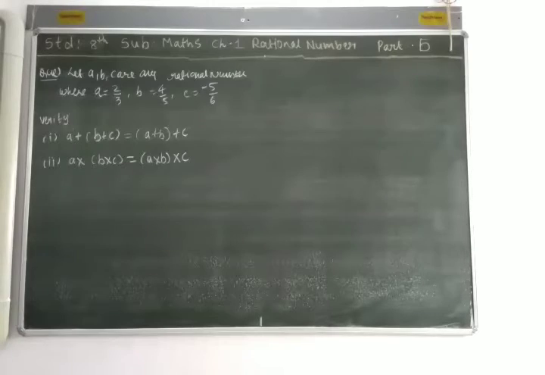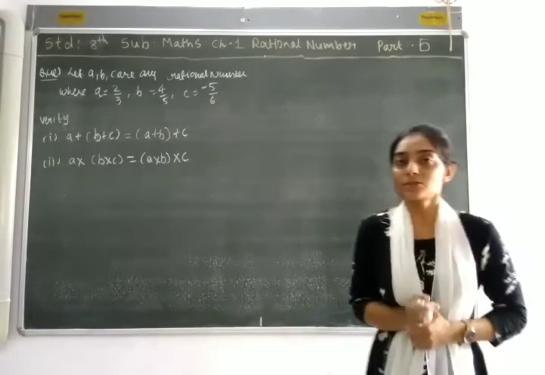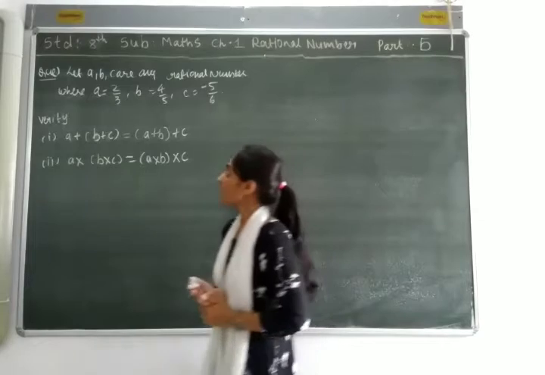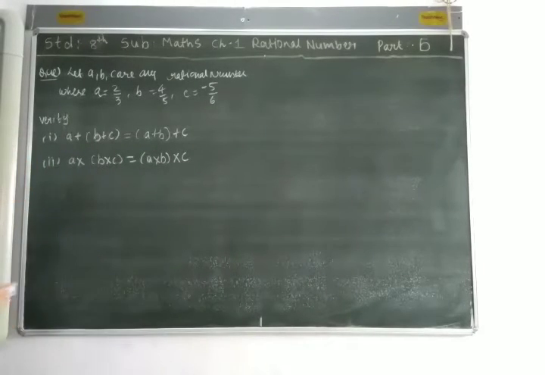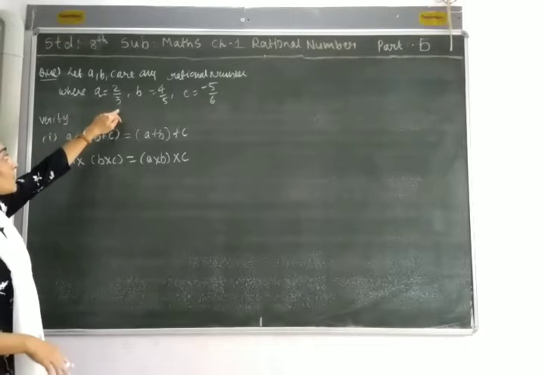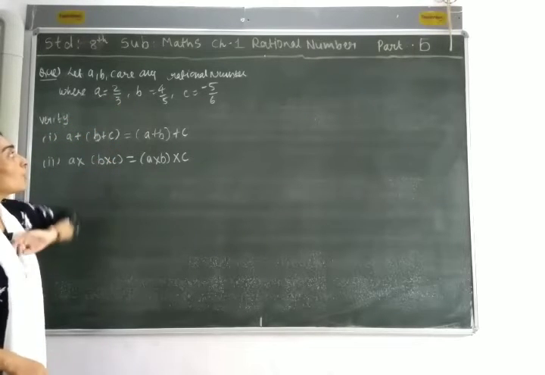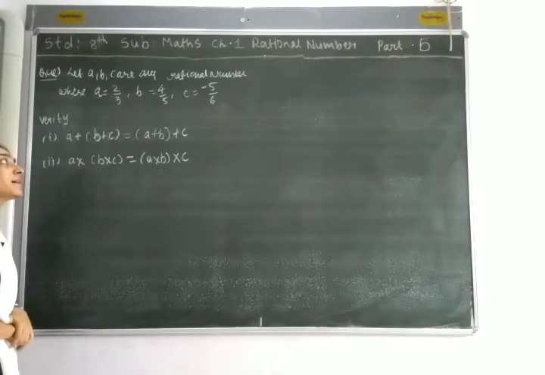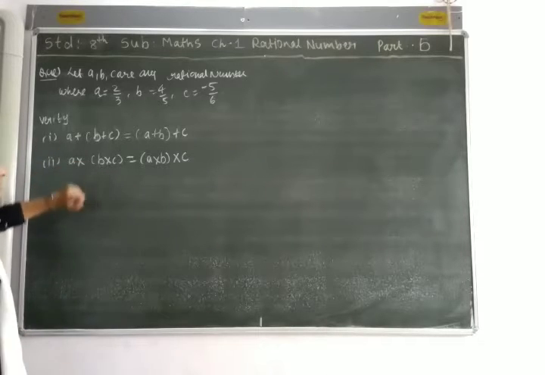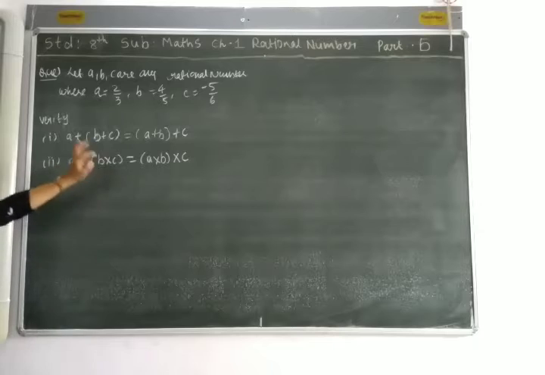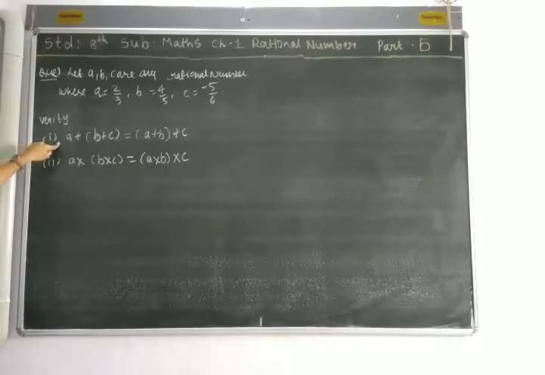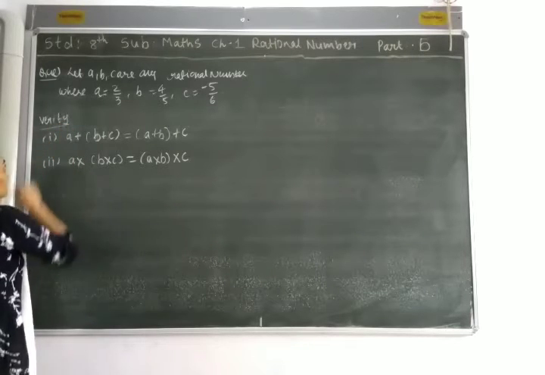Let's solve one extra question. Let a, b, c be any rational numbers where a is 2/3, b is 4/5, c is -5/6. Multiplication.